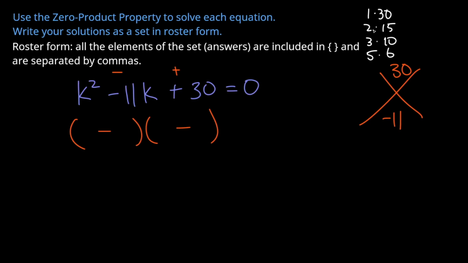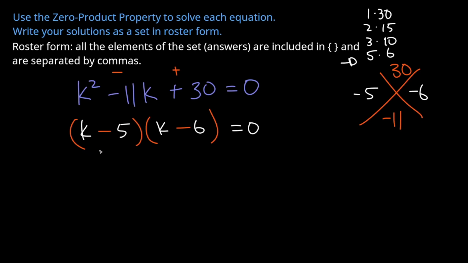They're all going to be negative, so we can just add them together to see which one equals 11, or in this case, negative 11. We can see right away 5 and 6. So our two factors are negative 5, negative 6. We get k minus 5 and k minus 6 equal 0. Surprise, the numbers I chose are actually the actual answers for this.